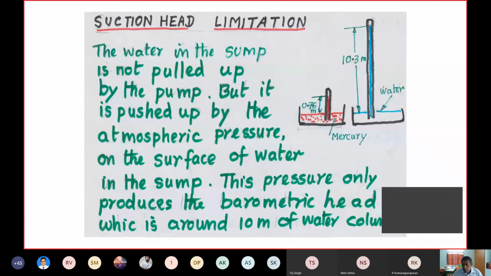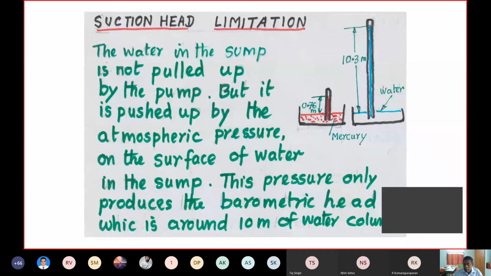Now, if I consider a barometer made out of water, the barometric column will be 10.3 meters. So the atmospheric pressure on the water surface will be able to push the water up to a column of 10.3 meters. Now above that, I have left some space.